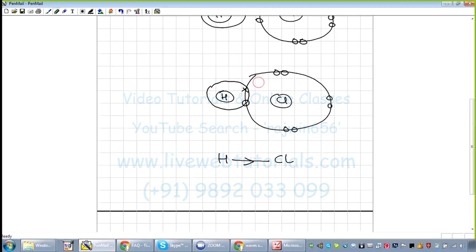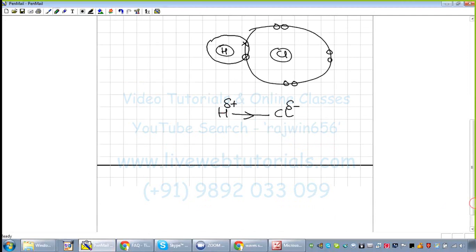So this electron pair is going to be shifted more towards the chlorine atom rather than the hydrogen atom. This is going to develop a slight positive charge on the hydrogen atom, which will be written as delta positive. This delta means a very small amount of positive charge. Similarly, chlorine, because the electron pair is more towards itself, is going to develop a small negative charge, which is going to be delta negative.